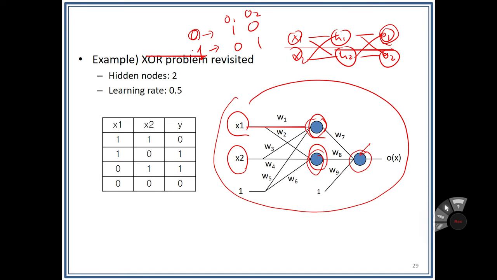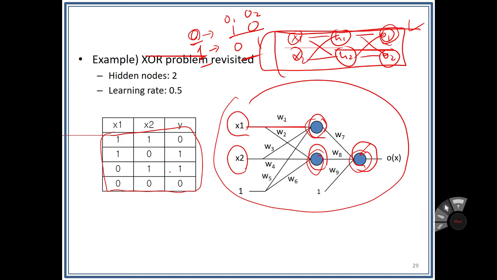You can transform this value to this case if you want to use this structure. So this structure is also fine. But in this example, we use only one output node, okay? And then we want to find W1 to W9 from these 4 data points.